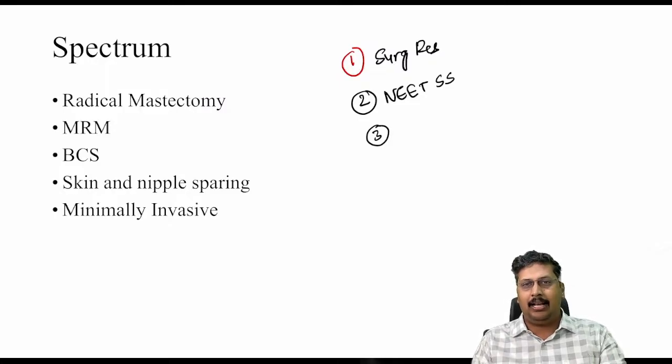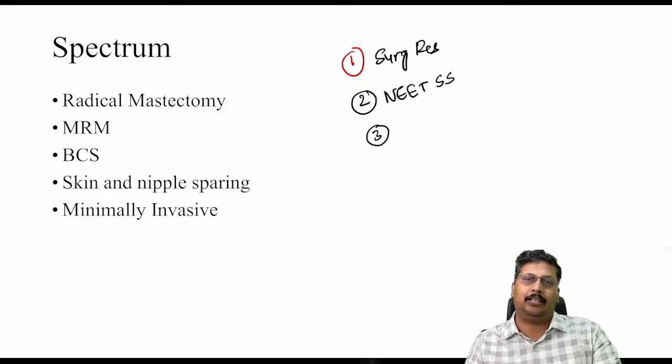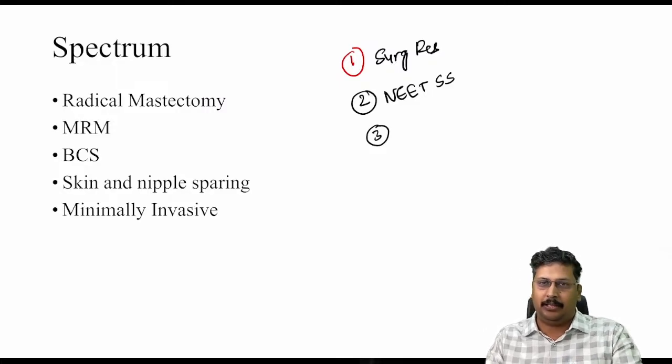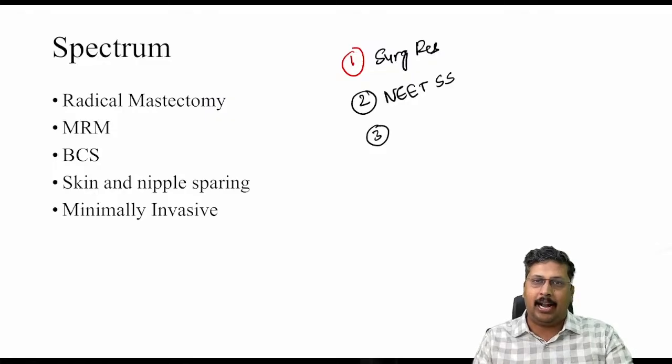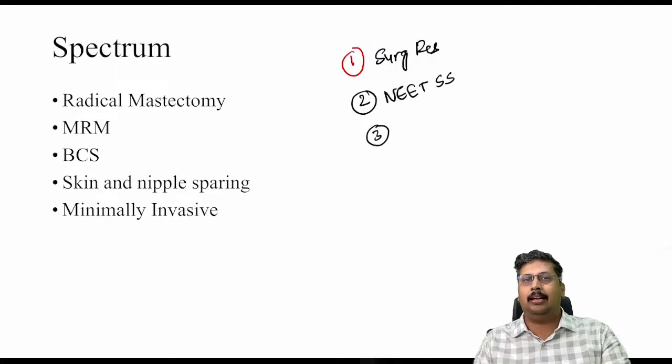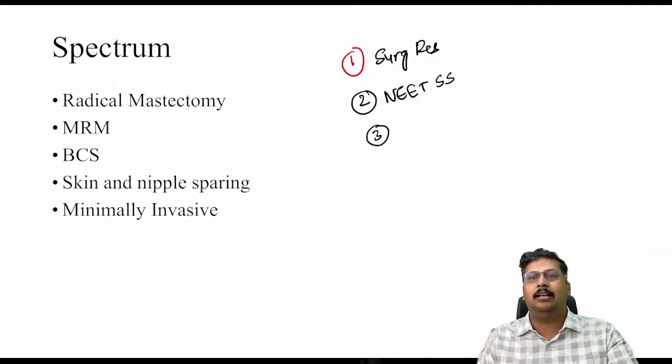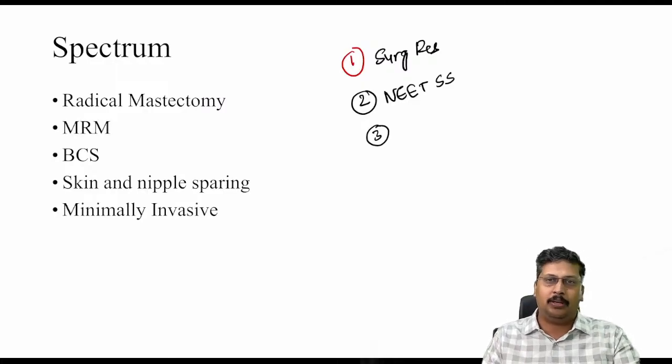It started as a very locally destructive surgery to eliminate the whole of the cancer cells, to now we have reached a point where we want to keep the surgery as minimal as possible without affecting the survival outcomes of the patients. So we have started with radical mastectomy, through modified radical mastectomy into BCS, and then skin and nipple sparing mastectomies, and presently we are regularly performing robotic mastectomies.